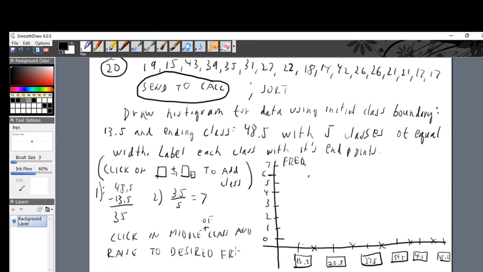So the first one, if I figured out that there's 6 weights, or whatever those things are, between 13.5 and 20.5, raise this up to 6, and Alex will create the box for you. Then let go, and then you'll have a box. The next one I figured out was also 6, so you raise this up, and then Alex will create a box for you, 6.